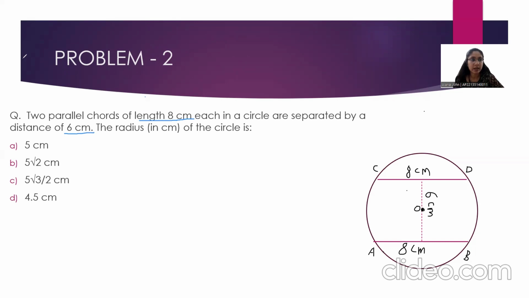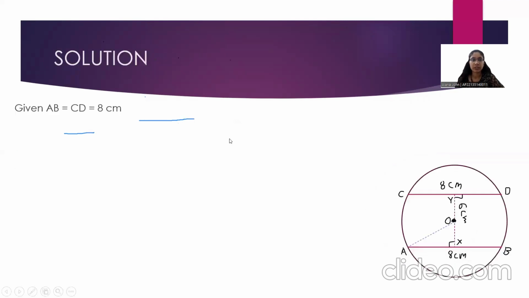So let's see how to solve the problem. Here, let me erase all these things. See, we have taken two chords AB and CD. That is written here. Given AB equal to CD equal to 8 centimeter.